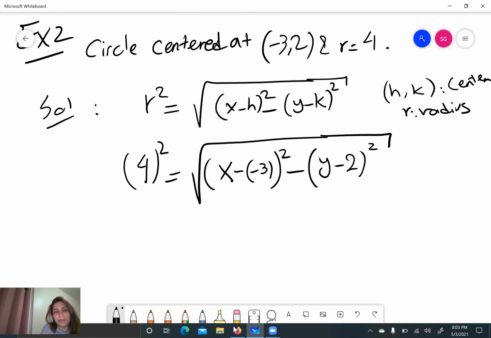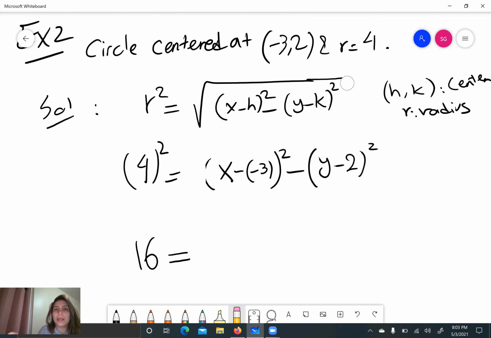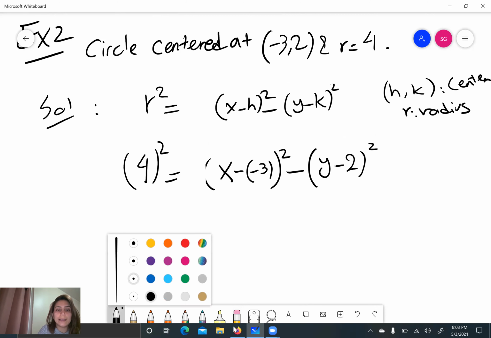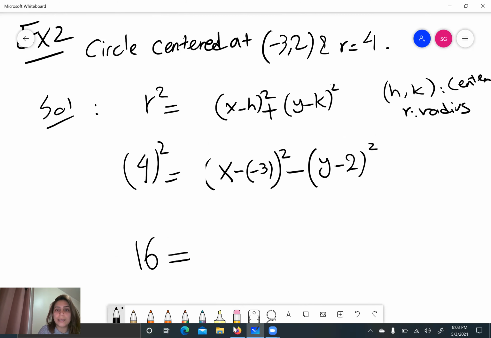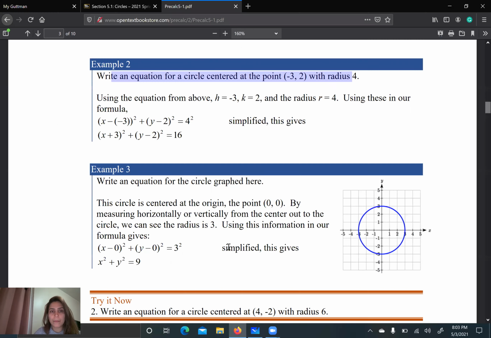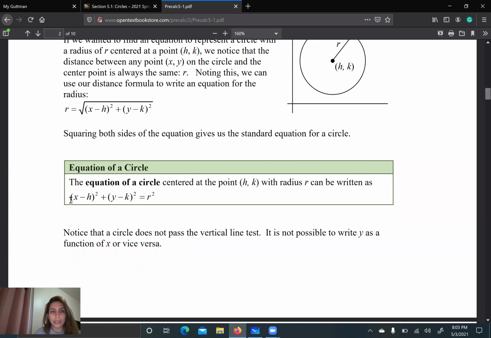Oops, I'm sorry. Because I use the squared version, r squared, there is no square root.